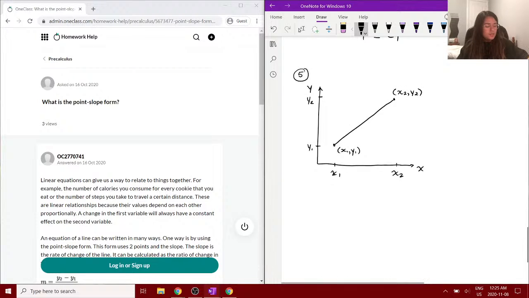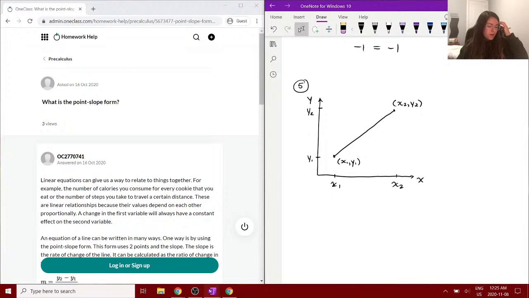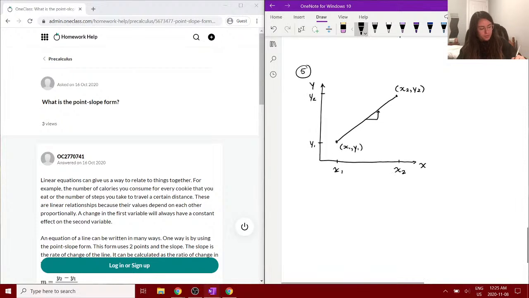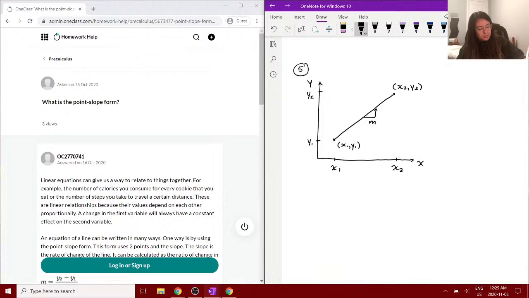All right. So if we want to find the equation of the line, one way we can do it is by using the slope, the point slope form. This slope we like to call m.